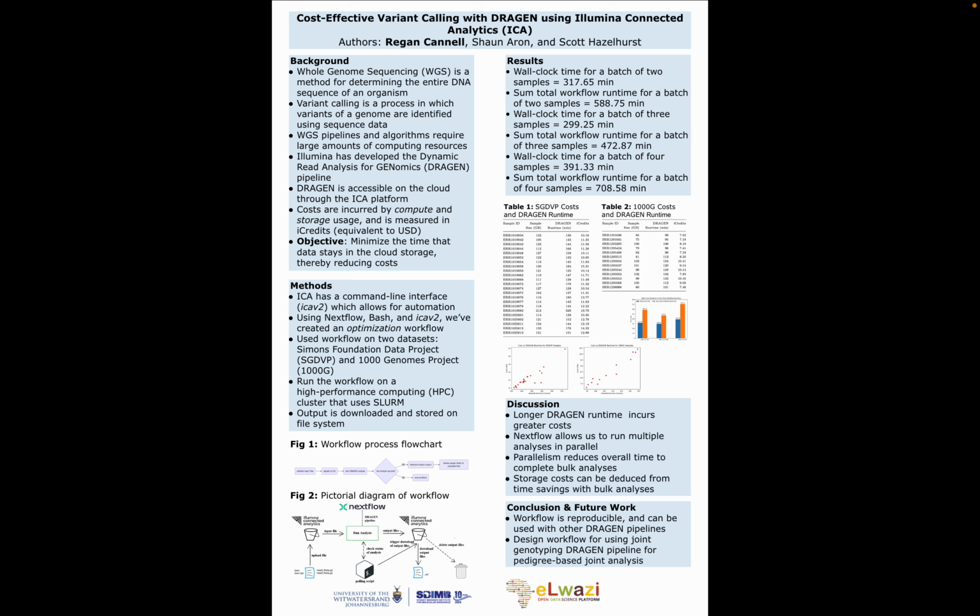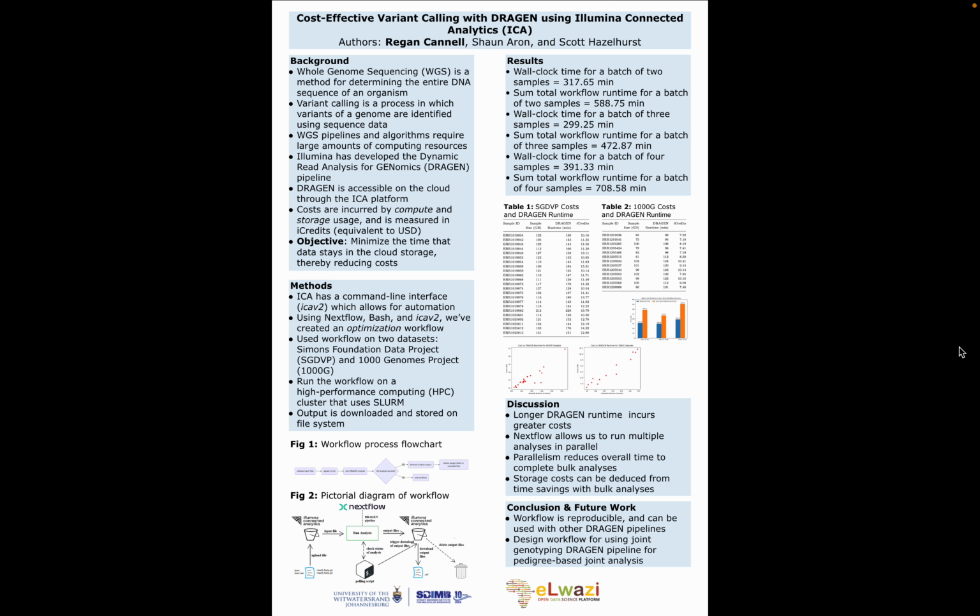The input size may also be a factor, in that larger inputs would require more processing, so the DRAGEN server would run longer. But how we can try to get an idea of how much we're saving, in terms of storage at least, is to look at the wall clock time and compare it to what would have happened if we had to run each analysis in sequence, in series.